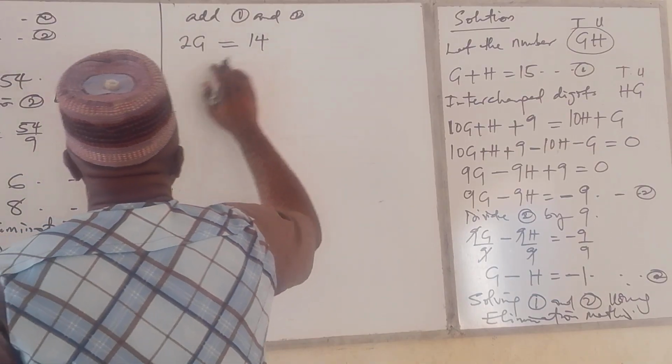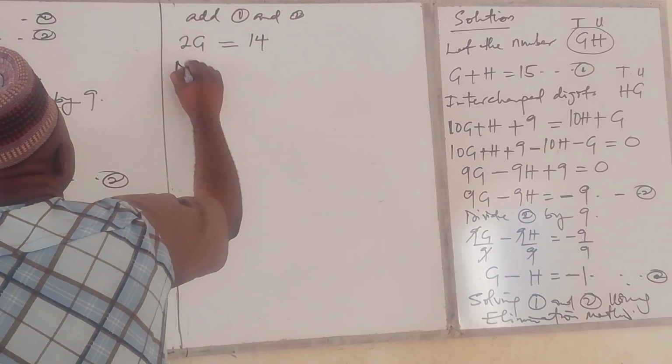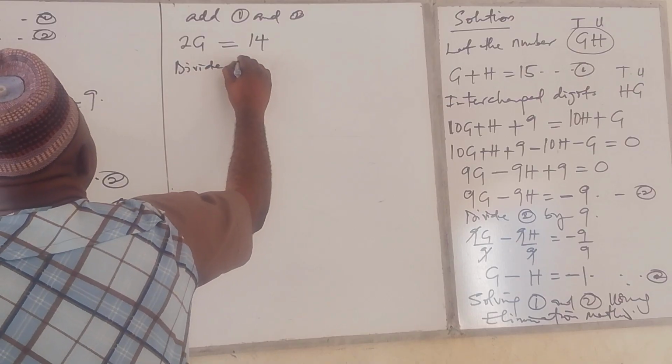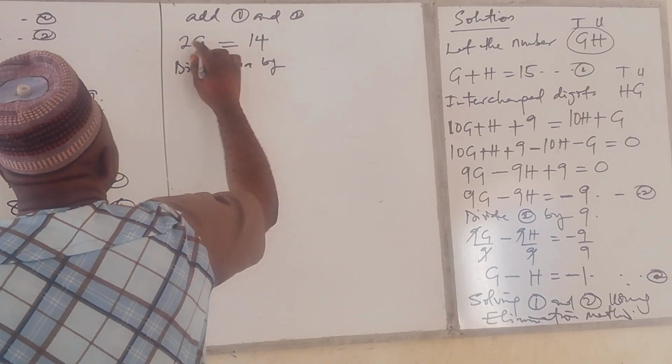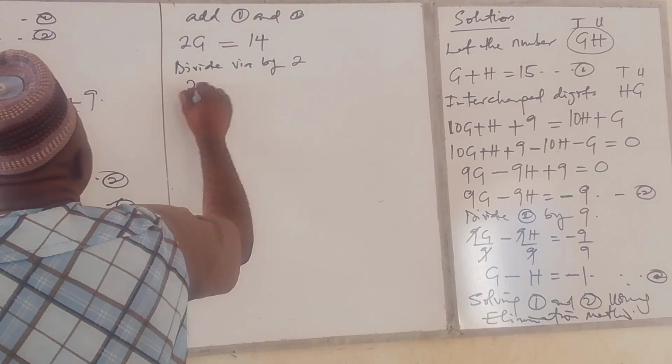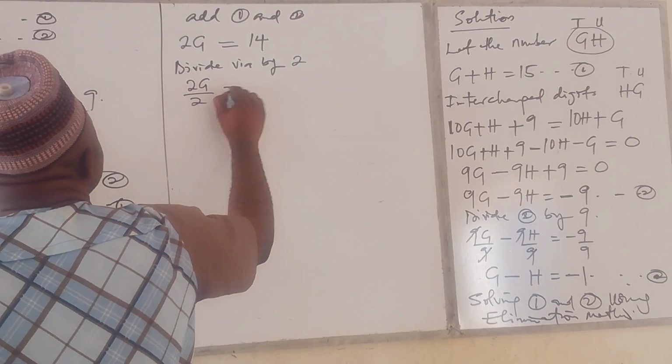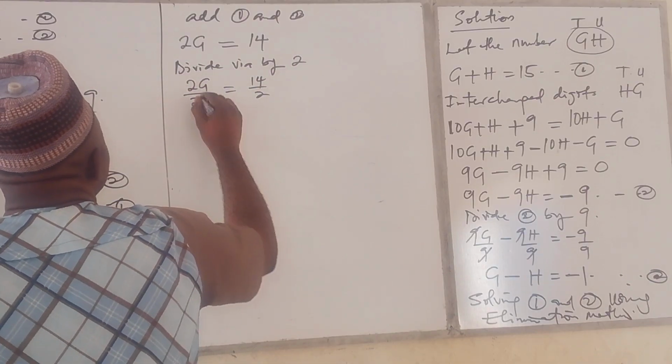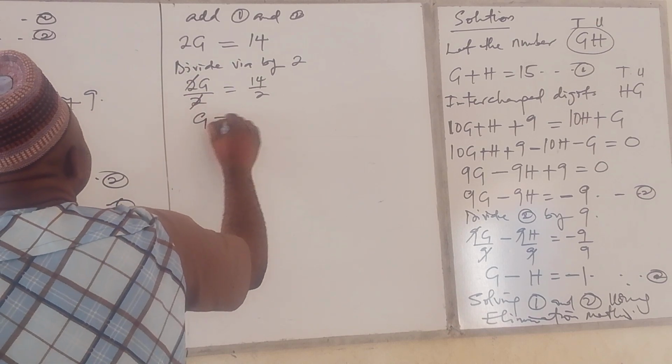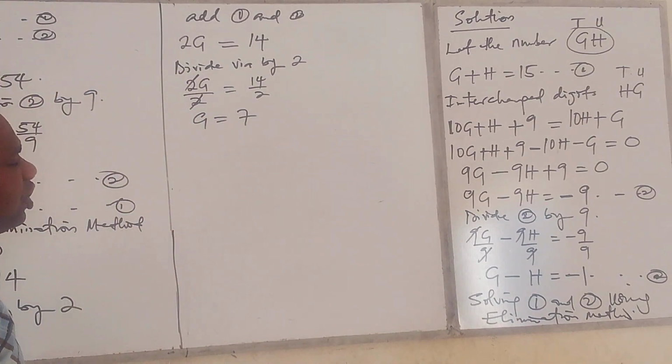So 2G is equal to 14. To get the value of G, we divide through by the coefficient of G, which is 2. So 2G over 2 is equal to 14 over 2, so G is equal to 7.